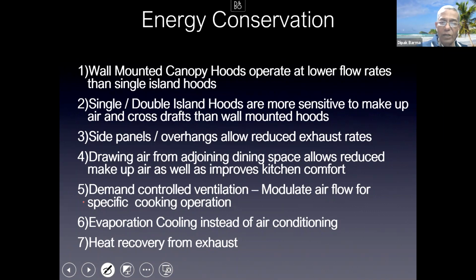Drawing air from adjoining dining space allows reduced makeup air as well as improves kitchen comfort. Demand controlled ventilation modulates the airflow for specific cooking operation. Evaporative cooling instead of air conditioning. Heat recovery from exhaust, which can be used somewhere else for taking care of the heating requirements.